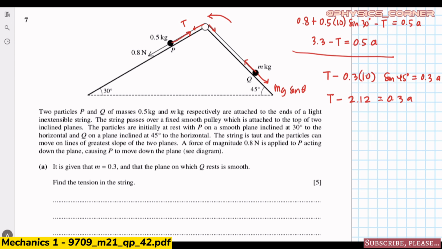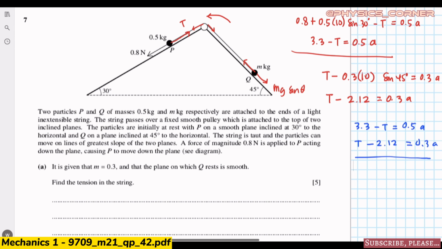So between these, 3.3 minus T equals to 0.5a, and this is T minus 2.12 equals to 0.3a.